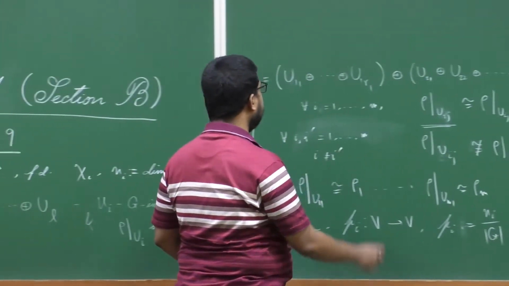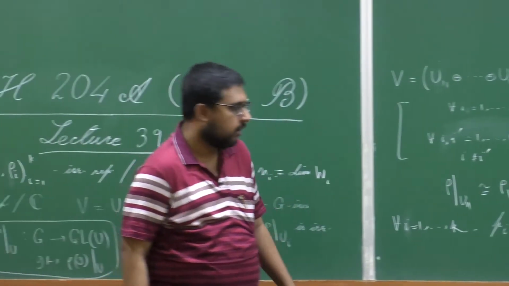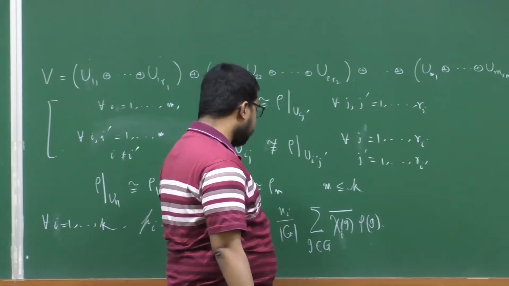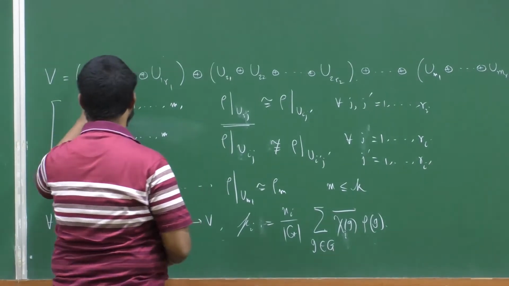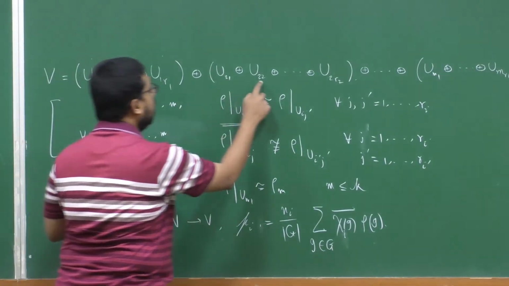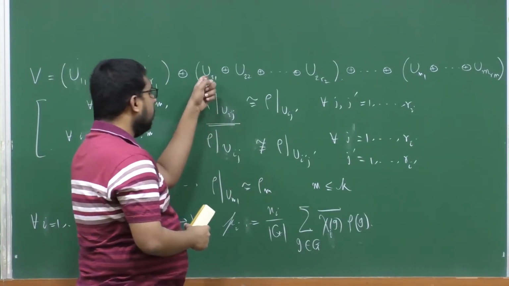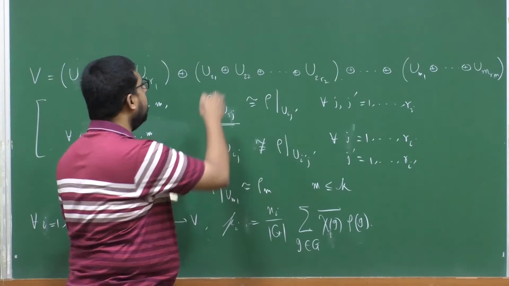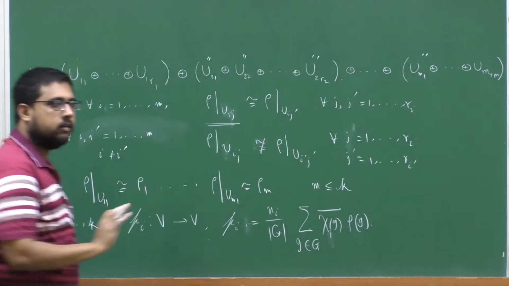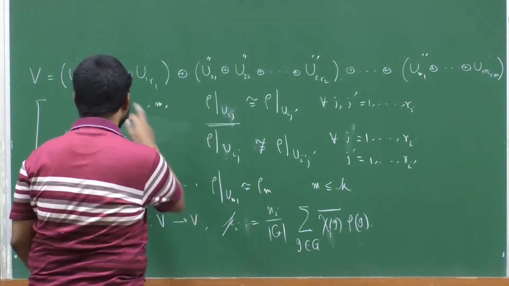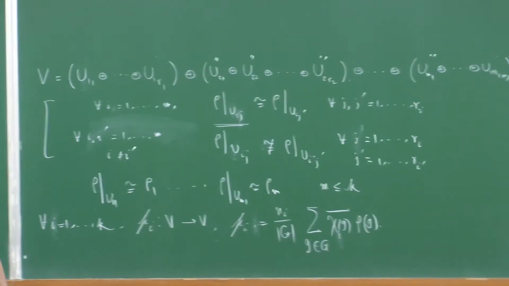Now we restrict pi on each of these subspaces. For example, if we take just i equal to 1, then when we restrict p_1 on each of these subspaces, according to our assumption, the restriction of p_1 on some of these subspaces will be 0, that is what we have observed, and on each of the other subspaces it is going to act like identity.